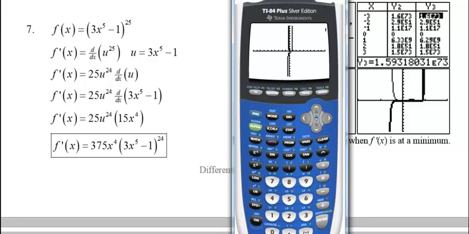So right in here it looks like there's some interesting things happening. It's a little hard to see exactly what is happening right in there. So let's look a little more closely here.